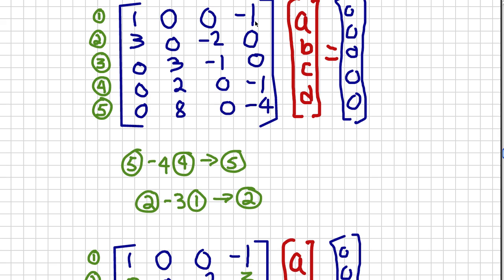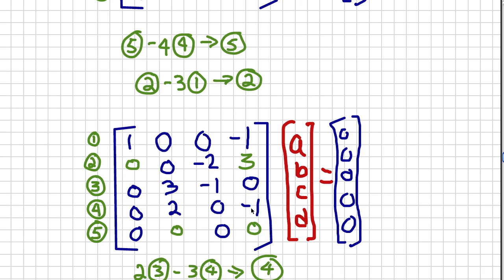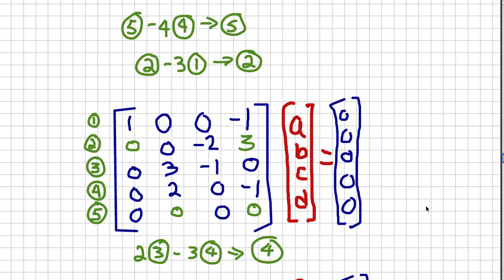And 3 times negative 1 is negative 3, subtracted from 0 gives a positive 3. So this is what I have in row 2, and this is now what my matrix looks like after those two sets of row operations.